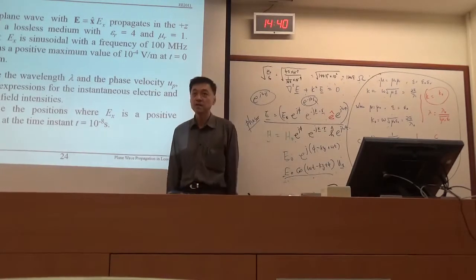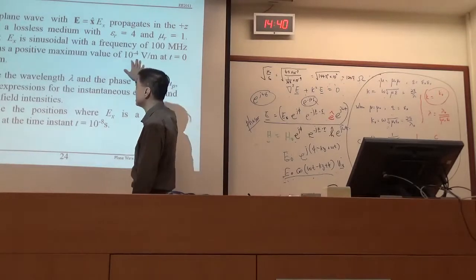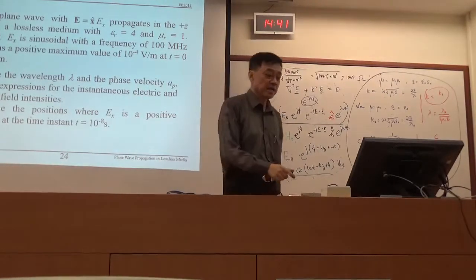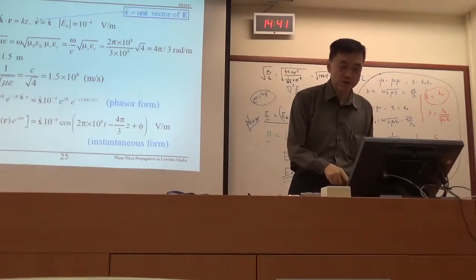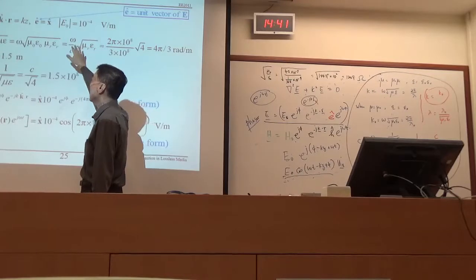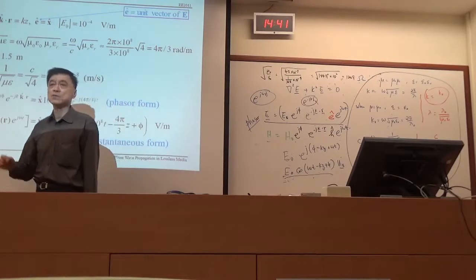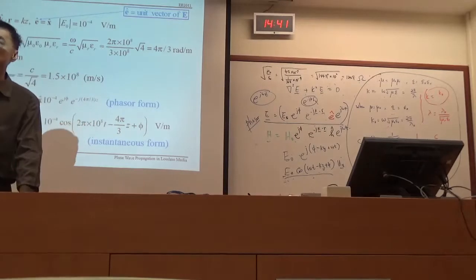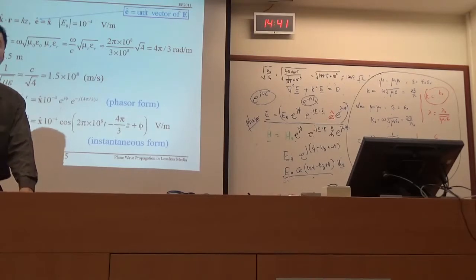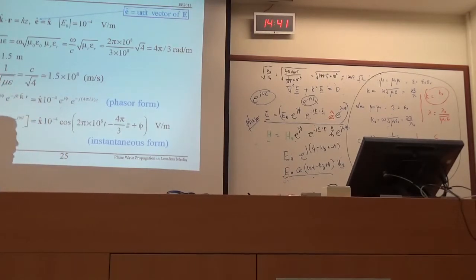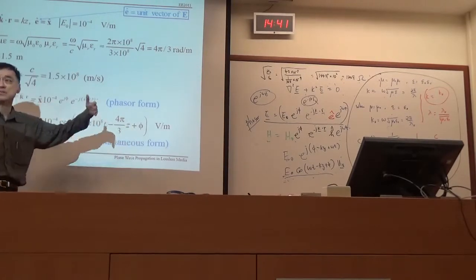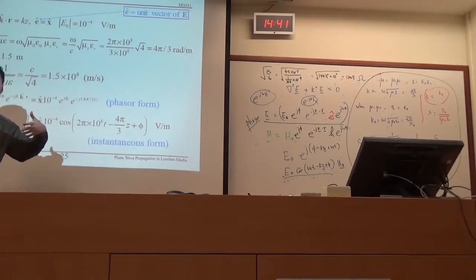This piece of information we have not used yet. Basically, the person who wrote the solution says, I assume that my E naught equals 10 to the power minus 4 volt per meter first, because after that I will solve for phi, and if it's not correct, then something will compensate for it.